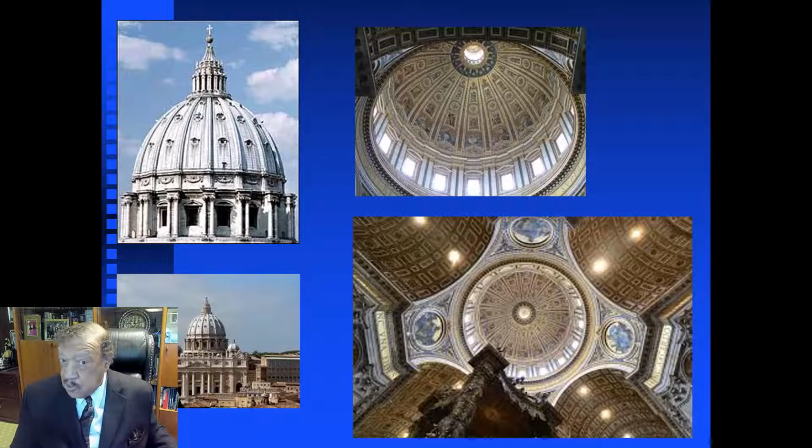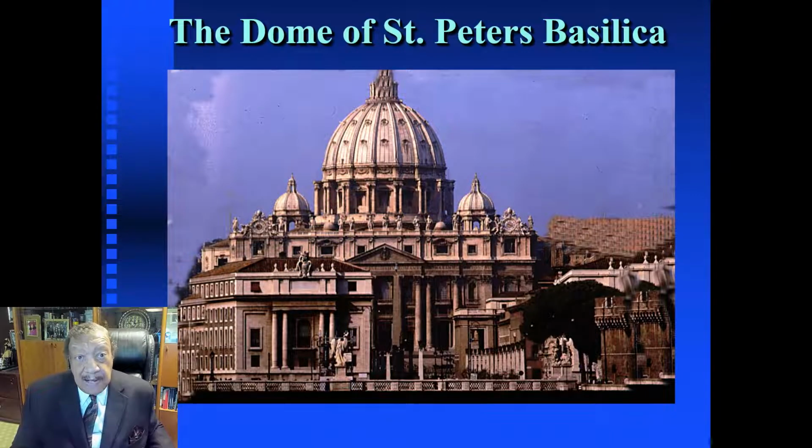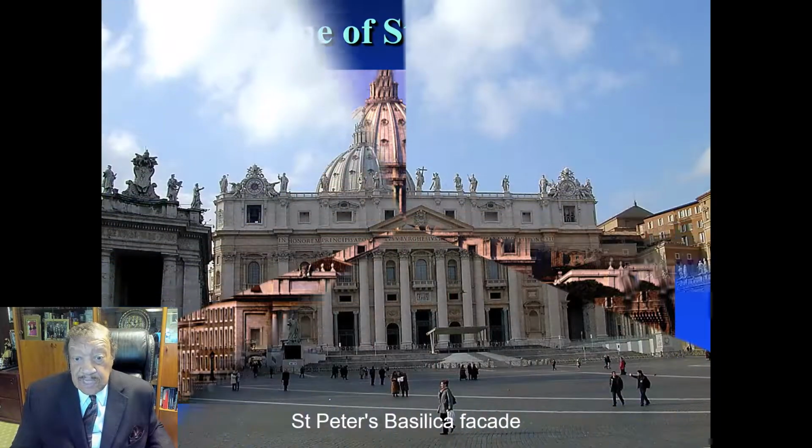Basilica is a church. You can go up in an elevator, and I've done it many times, and you can walk around the dome up there. That dome sits over the spot where St. Peter was crucified upside down. So you see part of the canopy there, but that's the dome that Michelangelo designed.